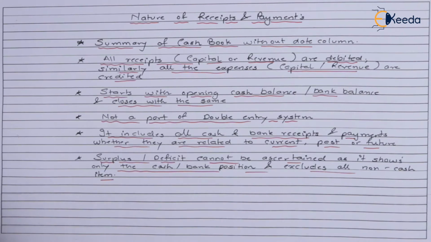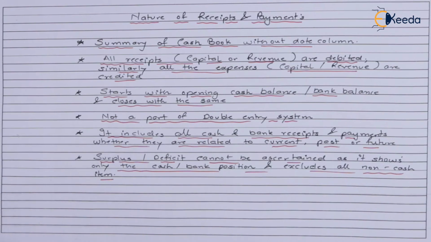Now, this specific concept won't give you the exact cash position because non-cash items are completely excluded from this transaction. So basically, surplus and deficit cannot be ascertained on the basis of the receipts and payments account. It can be ascertained on the basis of income and expenditure because it includes both cash and non-cash items.